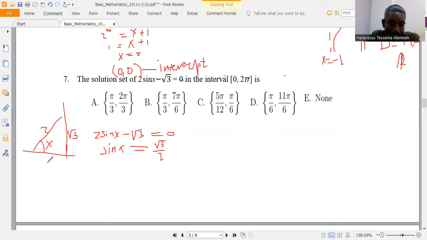By the Pythagoras theorem, the adjacent squared plus the opposite squared gives the hypotenuse squared, so the adjacent side becomes 1.